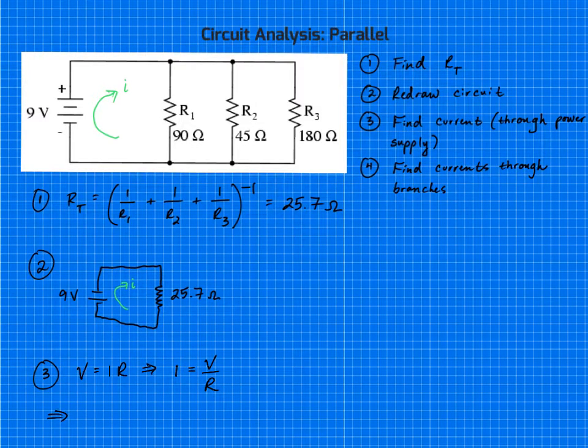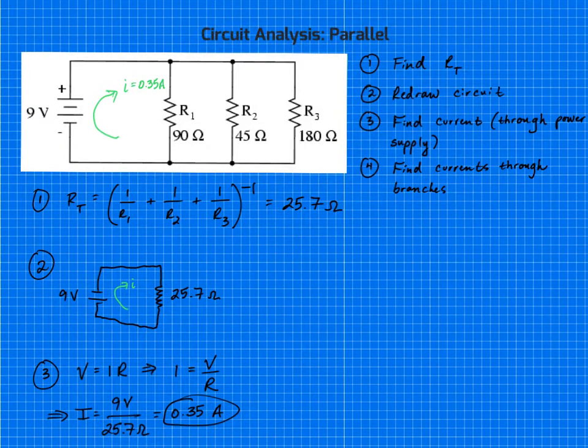So if I plug in my values, do a little math here, I'm going to get 0.35 amps, okay? Oops, and I actually wrote voltage here. This should be current, okay? So my current through the battery is 0.35 amps. So I'm actually going to rewrite that up here. So I is equal to 0.35 amps.